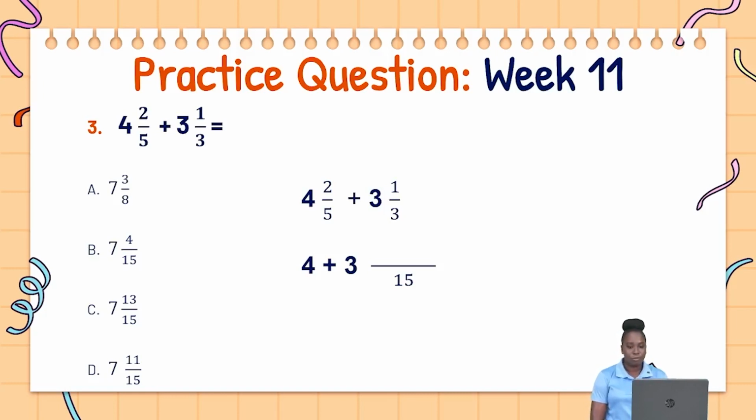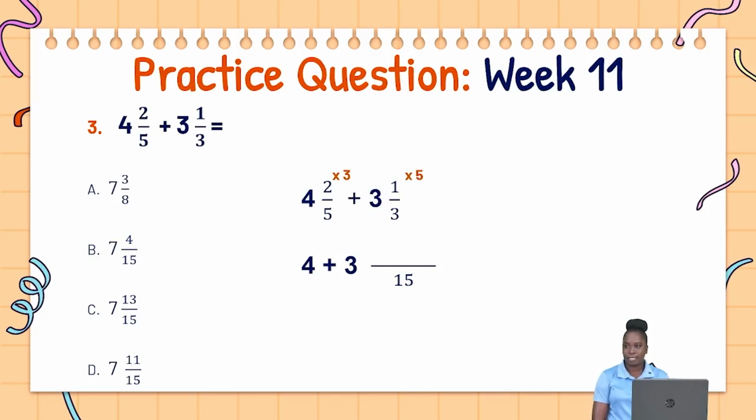So what we want to do is to change 2/5 and 1/3 now to have denominators of 15. So 5 times what gives us 15? 5 times 3 gives us 15. And so that means we are going to multiply 2 by 3 as well. And then 3 times what gives us 15? 3 times 5 gives us 15. And so 1 times 5 is what we're going to do there.